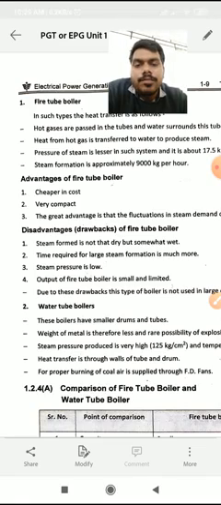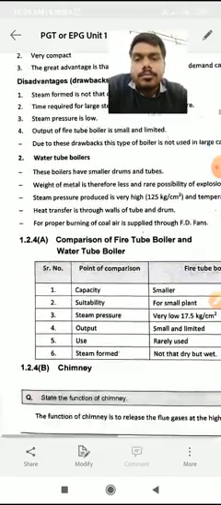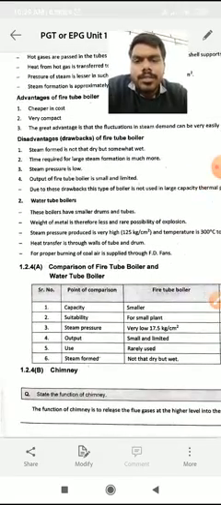Time required for large steam formation is very long. It actually produces a very small amount of steam, the steam pressure is very low, and the output of the fire tube boiler is small and limited. So these are some advantages and disadvantages.